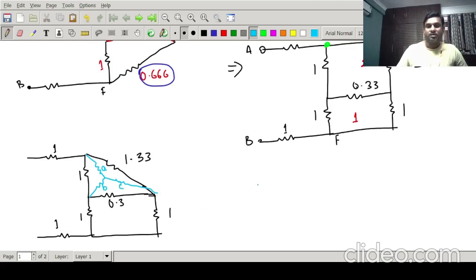So by using this formula, I can find out A equal to 1 into 1.33 divided by the total resistance across the branches of delta.